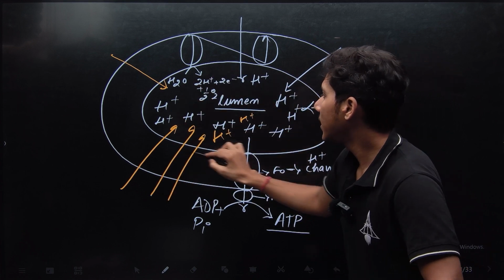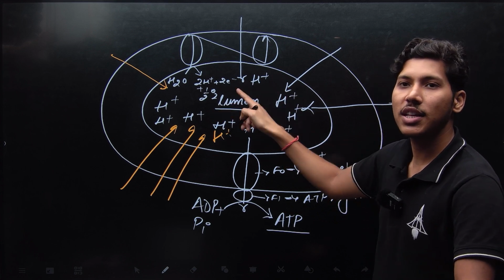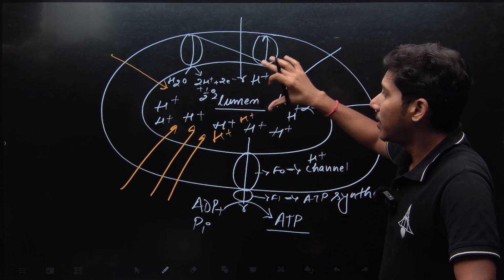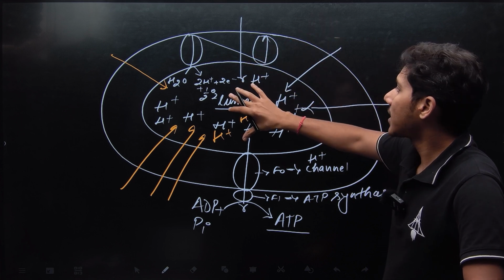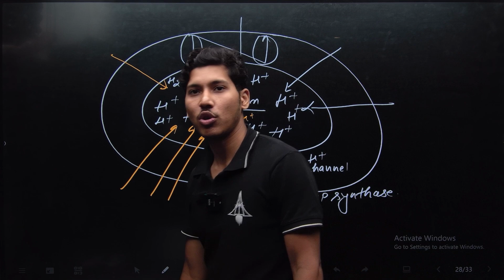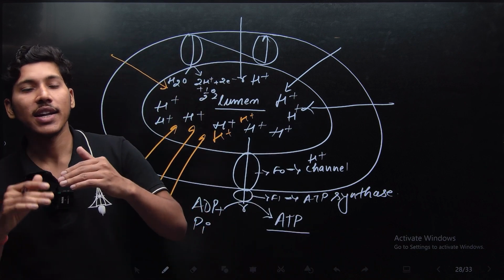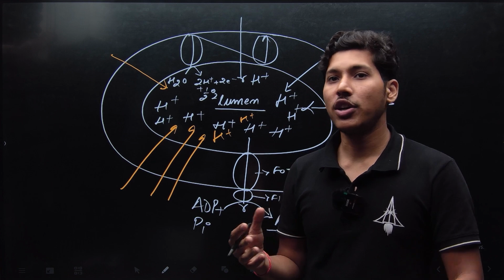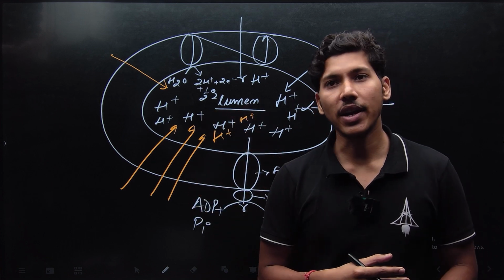Due to this, the H plus concentration rises in the lumen of the thylakoid, which creates a proton gradient. Here it has a high amount of protons, and outside in the stroma we have fewer protons, and this proton gradient also creates a concentration gradient or an ionic gradient, right?